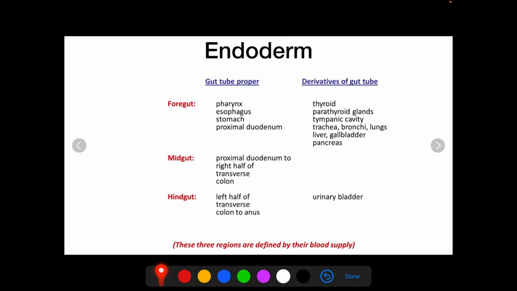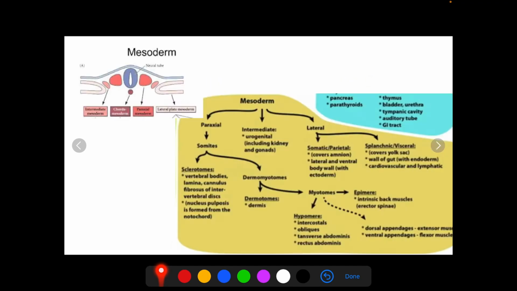Regarding endoderm, we said anything derived from the yolk sac is endoderm. So the foregut, midgut, hindgut, urinary bladder, allantois, cochlea, thyroid, parathyroid, tympanic membrane, tympanic cavity, that's from the first pharyngeal pouch, trachea, bronchi, lung, liver, gallbladder, pancreas, all of this.